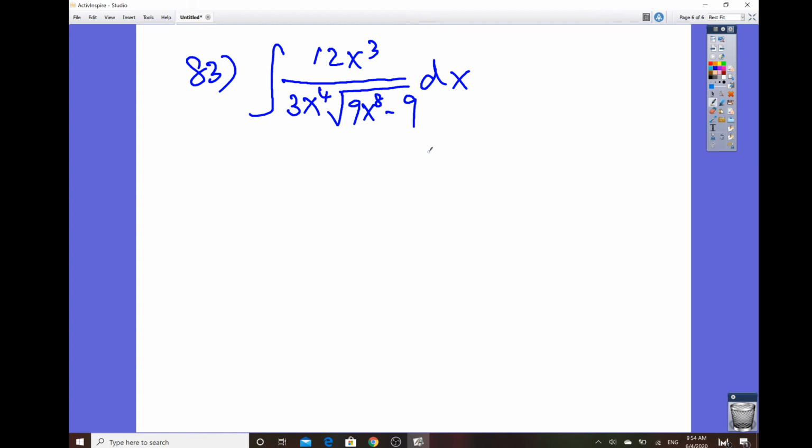Okay, so now let's take a look at a problem like this. Let's try to use the u-substitution technique for this. As you can see, there's a radical involved, so most likely this one is going to be related to the inverse of some kind of trig function. But how do we set up u and du for this?